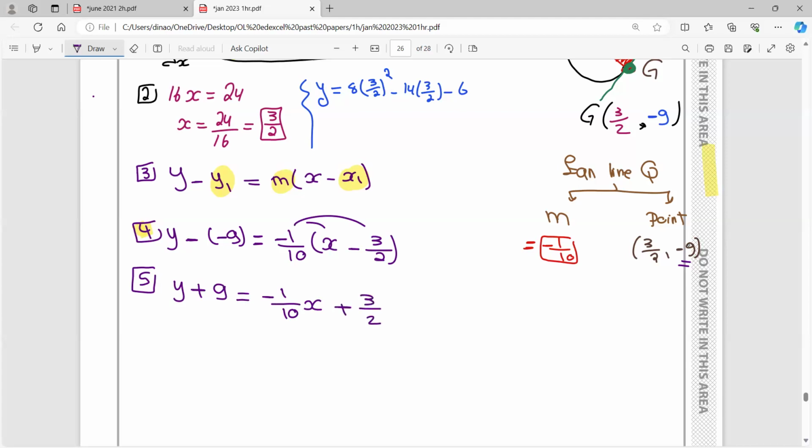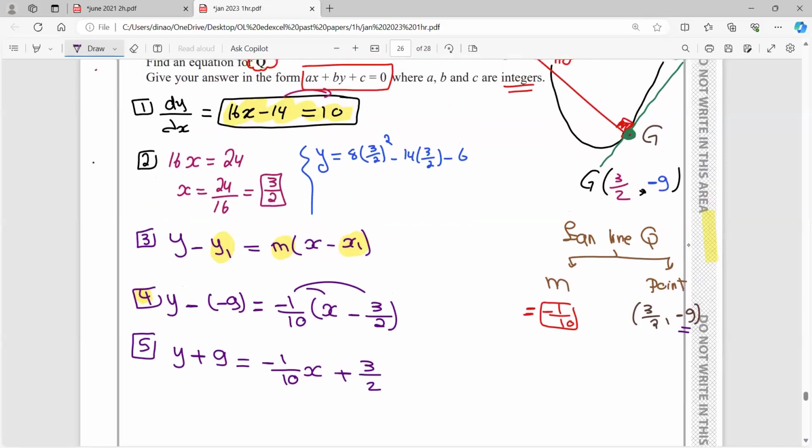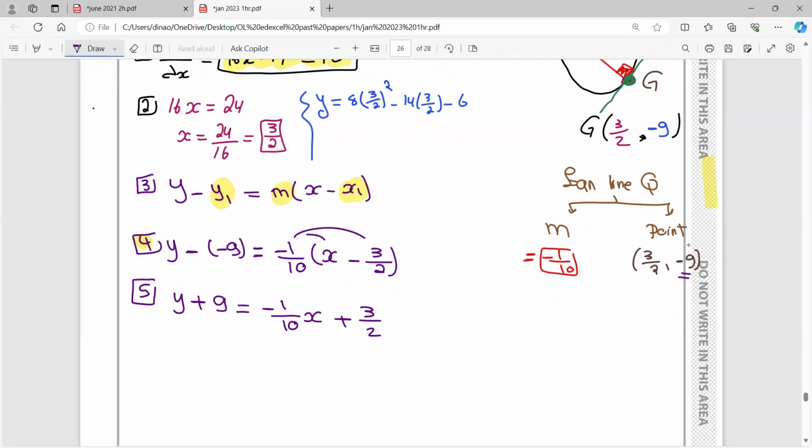Again, no decimals, please. The question says give your answer in the form ax plus by plus c, where a, b, and c are integers. So I will have to do some rearranging. I will move them all to this side, in step number 6.